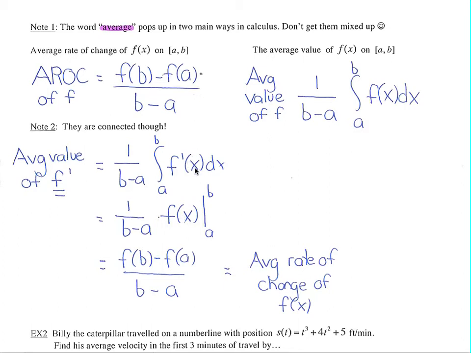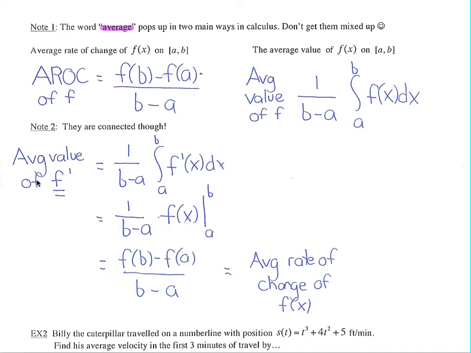Well, the antiderivative of the derivative is the function. So if we evaluate this, the integral is going to be the function f of x from a to b, which is f of b minus f of a. And then all of that is times 1 over b minus a, or all of that divided by b minus a. And this right here is the formula for AROC, the average rate of change.